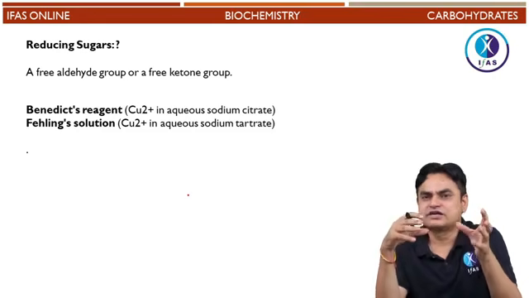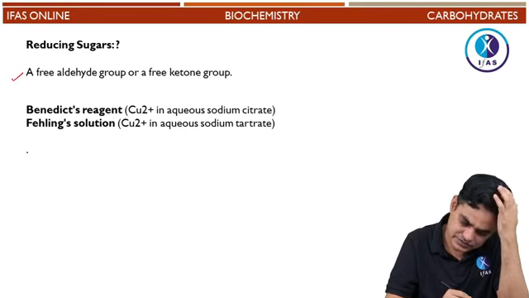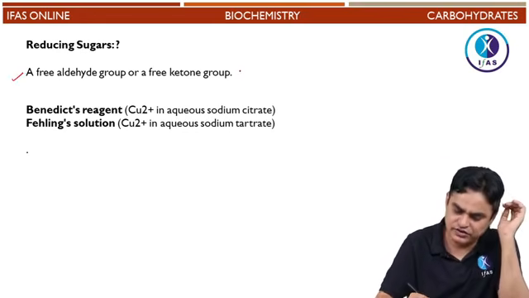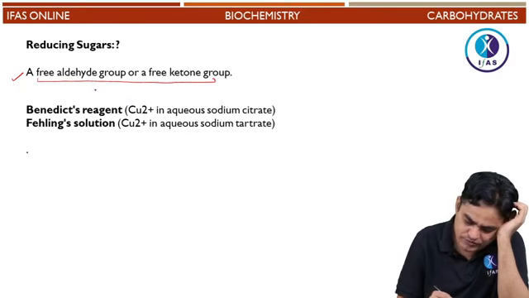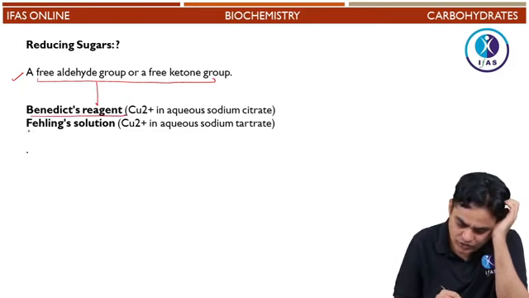Any sugar which has a free aldehyde or free ketone group is referred to as a reducing sugar. Because all those sugars which have a free aldehyde or free ketone group can reduce the Benedict reagent or Fehling solution.